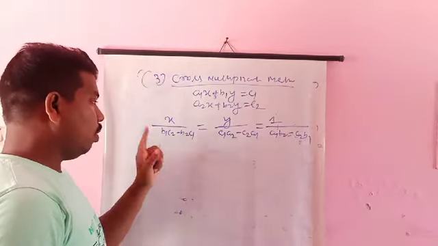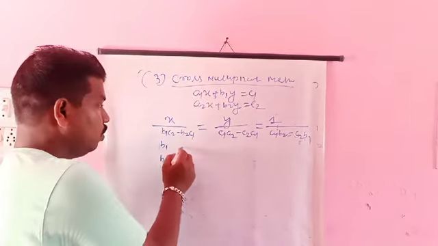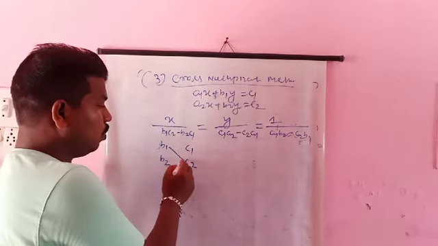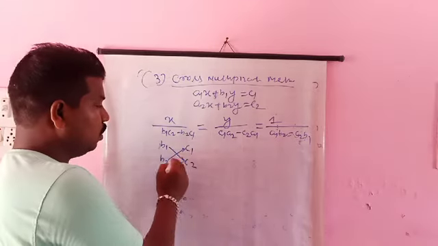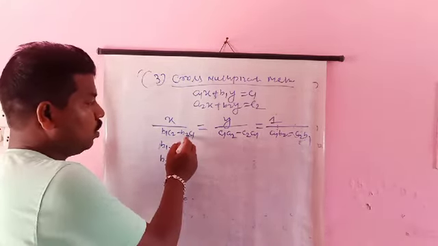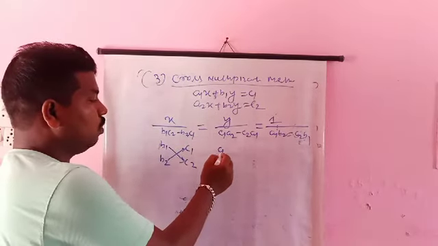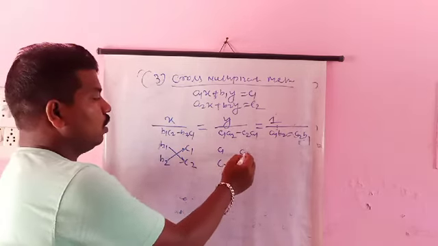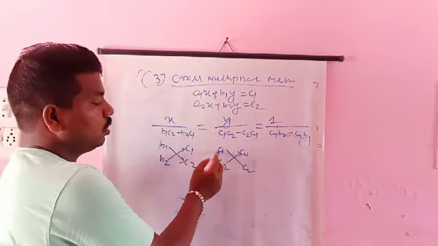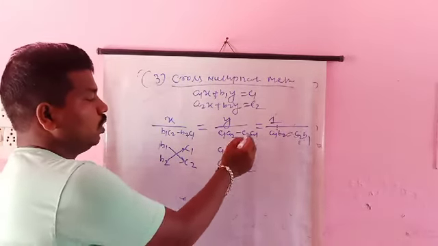Here we see how to find it. Suppose here is b1, here is b2, here is c1, here is c2. Cross multiplication gives b1 c2 minus b2 c1. Similarly, c1 a2 minus c2 a1.